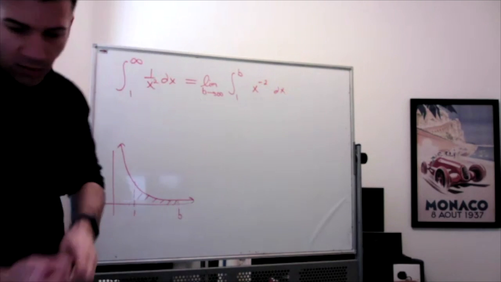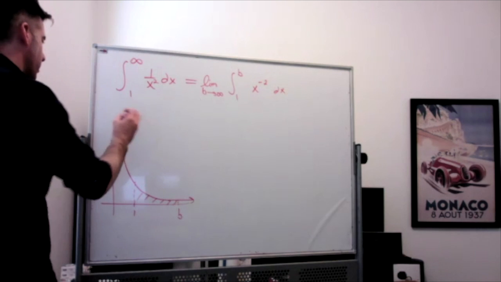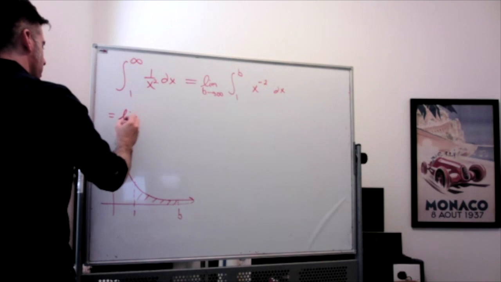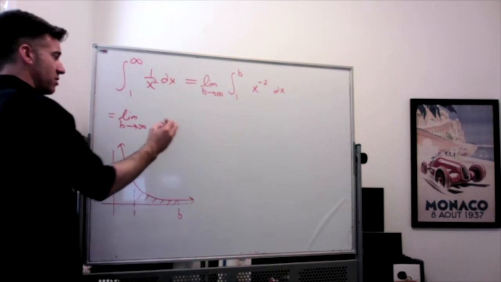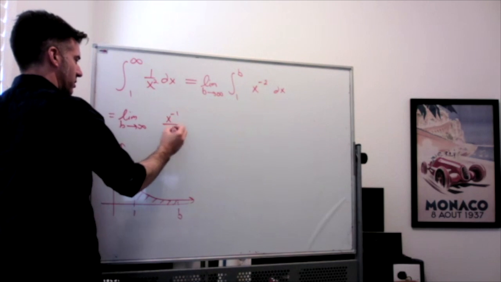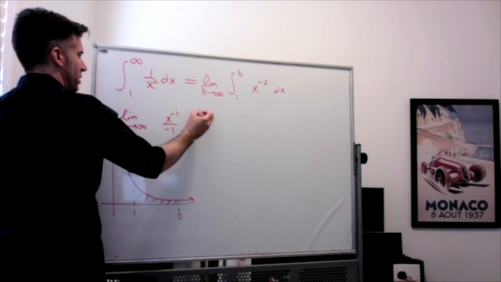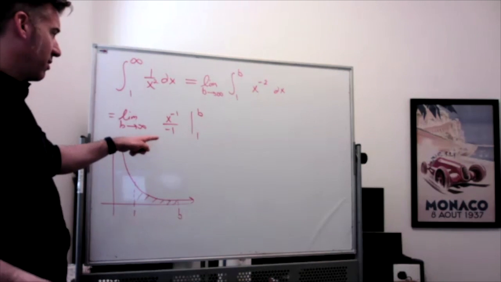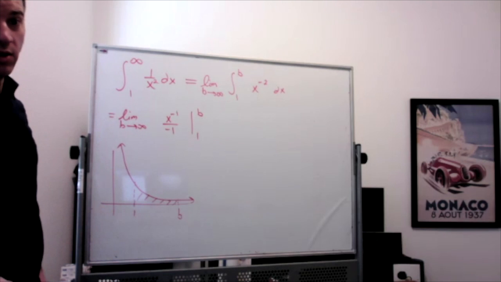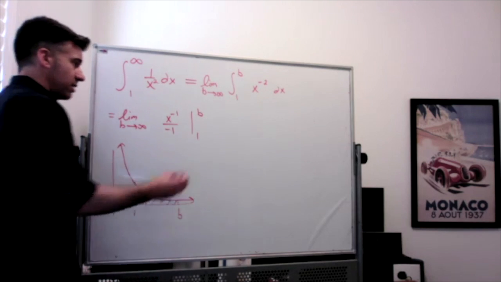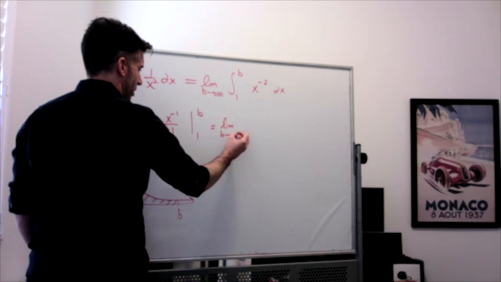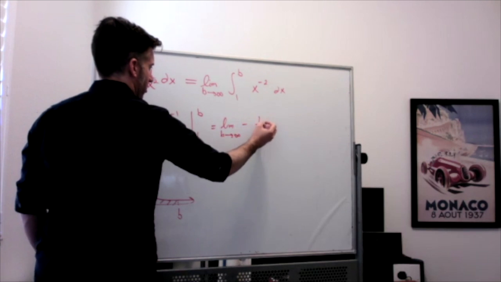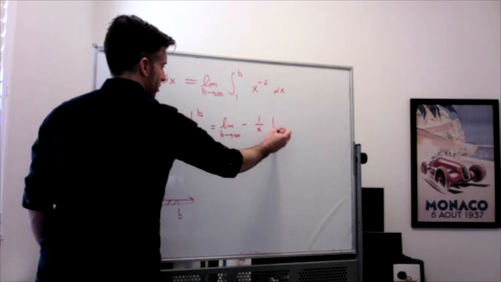Okay, well, we know how to integrate that. That's going to be the limit as b goes to infinity of the integral of x to the minus 2, which is x to the minus 1 over minus 1, from 1 to b. Now, I would much rather write x to the minus 1 over minus 1 as negative 1 over x. This is the limit as b goes to infinity of negative 1 over x from 1 to b.